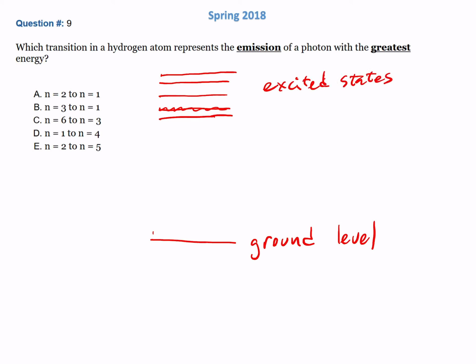If we apply quantum numbers to this, it is 1, 2, 3, 4, 5, and let's add the 6.